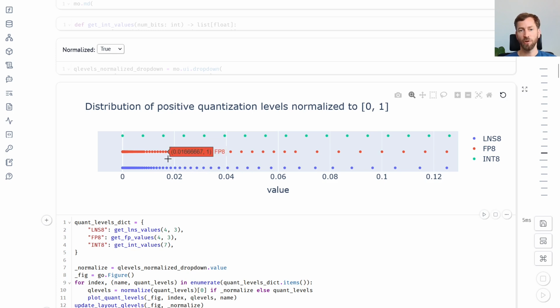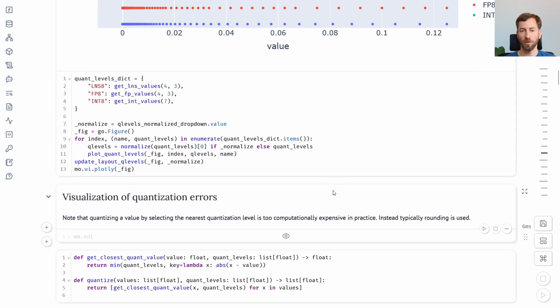Also, we see for the floating point data type that for each exponent value, we have a regular pattern. So this means quantization levels that are equidistantly distributed. Whereas in the case of the logarithmic data type, the quantization levels are purely exponentially distributed.